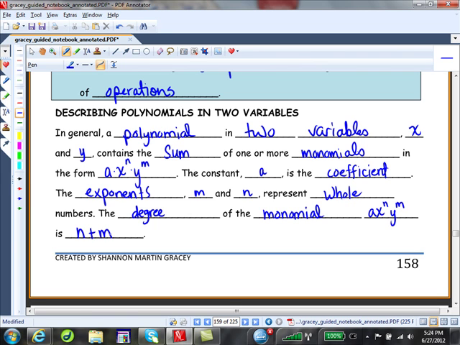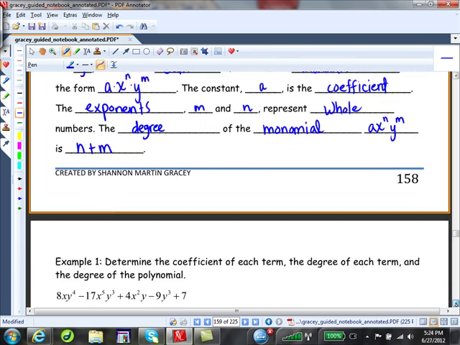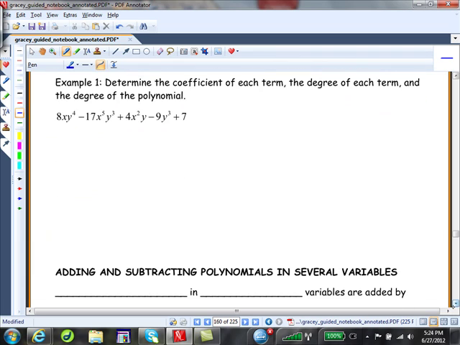Okay. So let's take a look at this next example. Determine the coefficient of each term, the degree of each term, and the degree of the polynomial. So here we go. So term, we need to also know the coefficient.